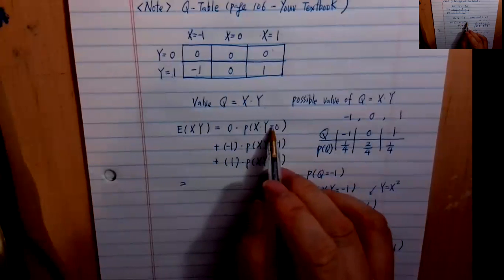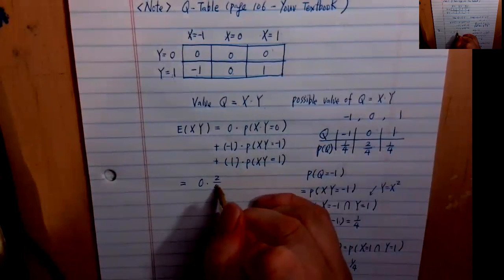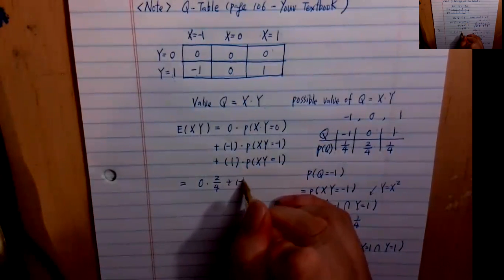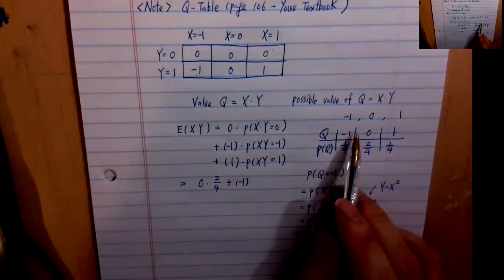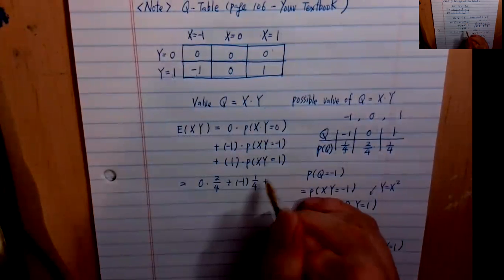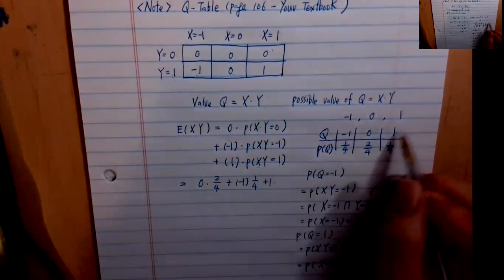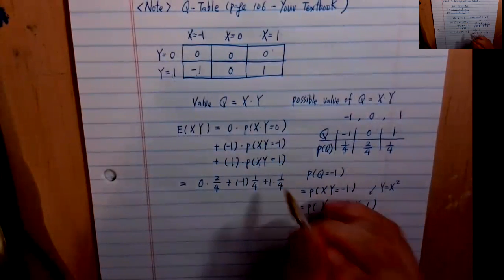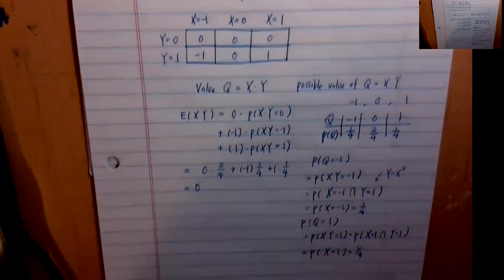And 0 times everything, well, that chance is 2 over 4, so that is 0. Plus minus 1 times xy equal to minus 1, which is 1 over 4, plus 1 times xy equal to 1, that is 1 over 4. So these two cancel, which gives 0.